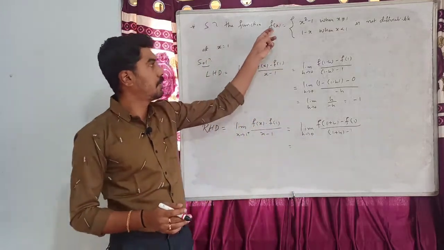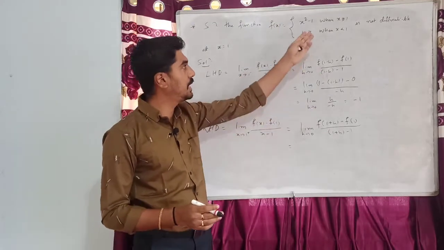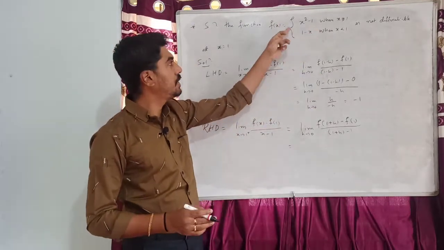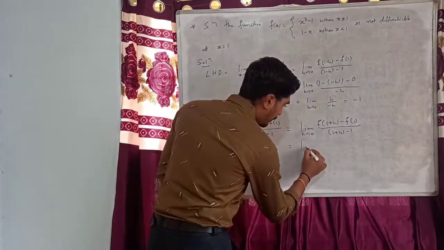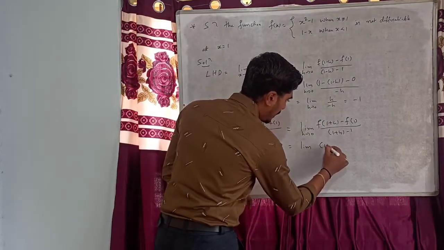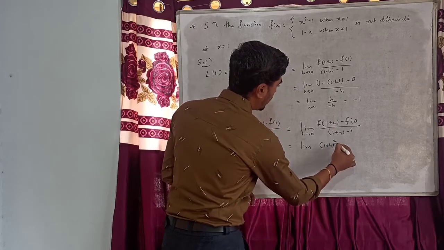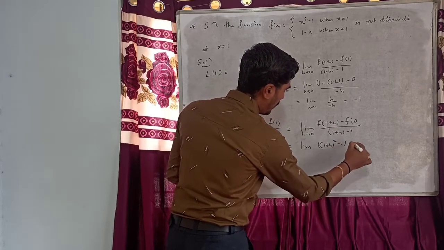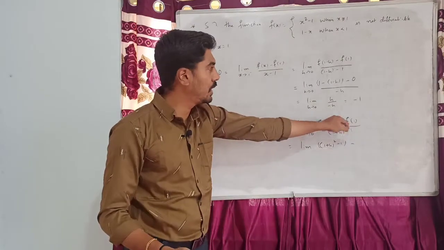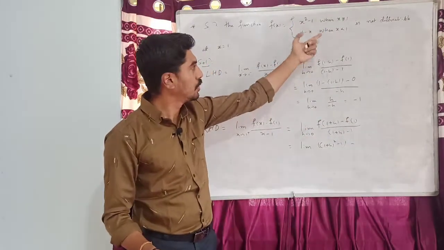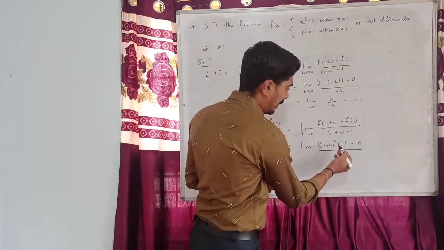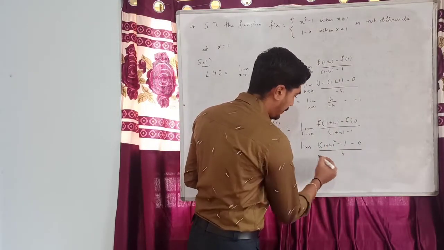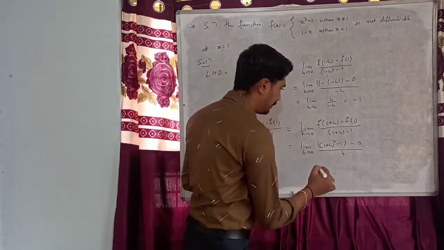By the definition of f of x, for any value greater than 1, the function is defined as x square minus 1. So this will be equal to 1 plus h whole square minus 1 minus the value of f of 1, as seen earlier, equal to 0, whole divided by 1 gets cancelled, I get h as h tends to 0.